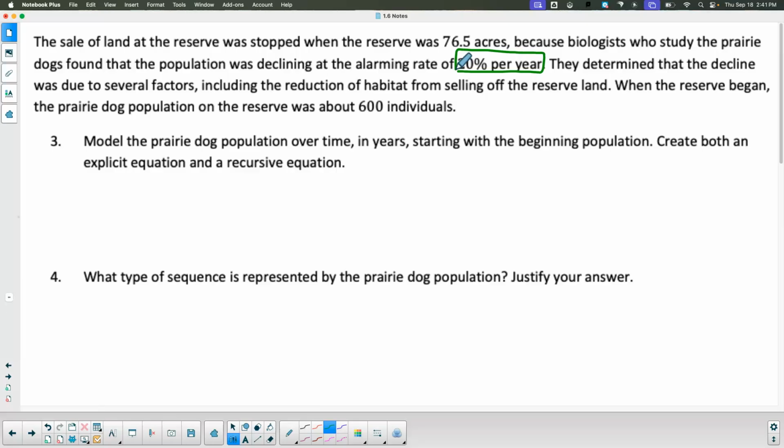Okay? So if it's declining by 20% per year, how much is left over each year? 80%. Yep, exactly. 80%.